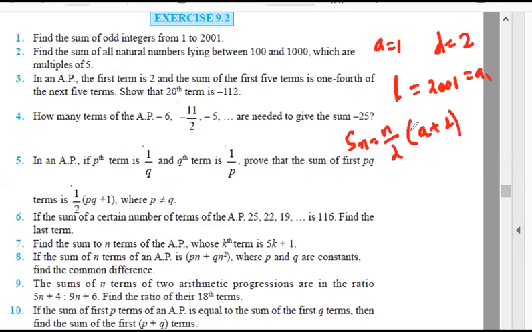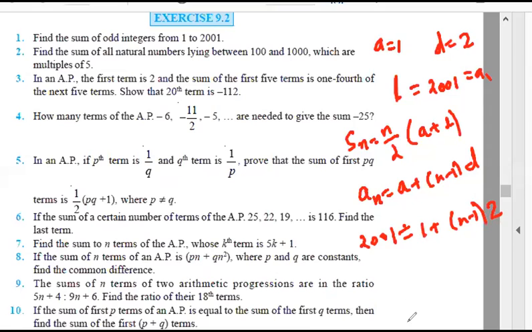Yes? But sir, we don't know N. How to find N? No issues. We know L, which is An, and we know that An is equal to A plus N minus 1 into D. So An we know, 2001 is equal to A, we know 1, plus N minus 1 into D. D we know, which is 2.